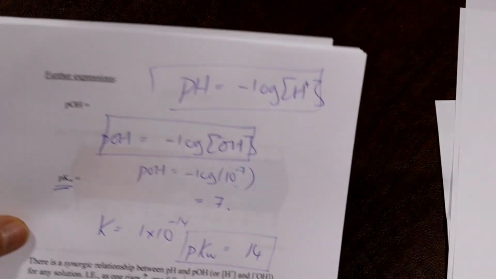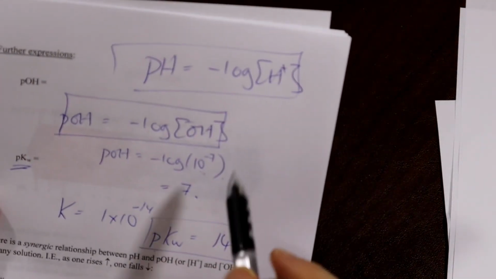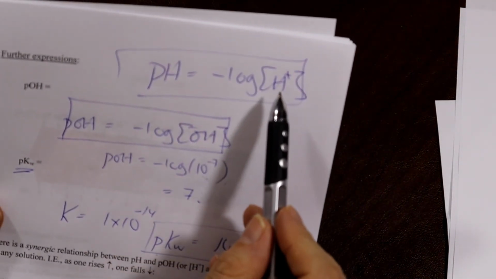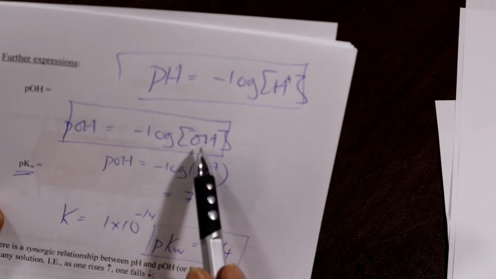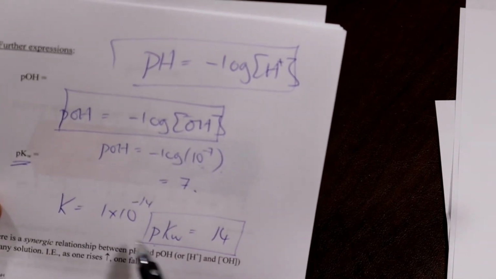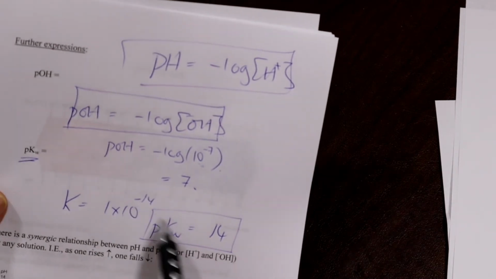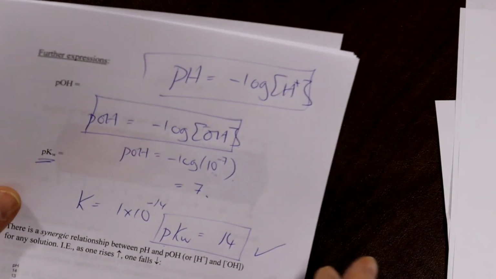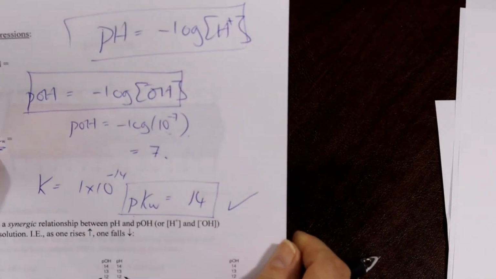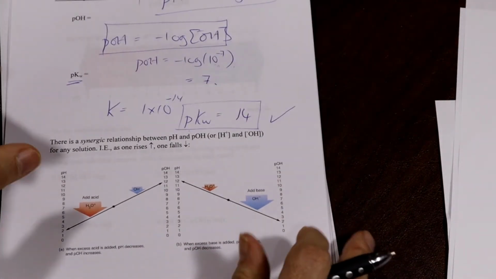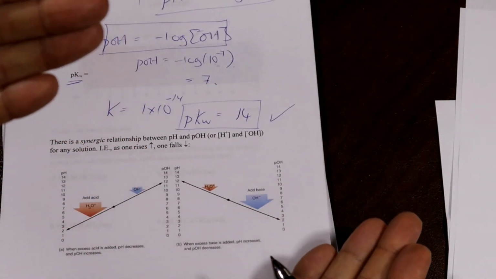So there's your three simple equations. pH is minus log of the H plus ion concentration, pOH is minus log of the OH minus concentration, and pKw is the minus log of 10 to the minus 14, which is 14. Now there's a synergy. What does that mean? As one goes up, one goes down.